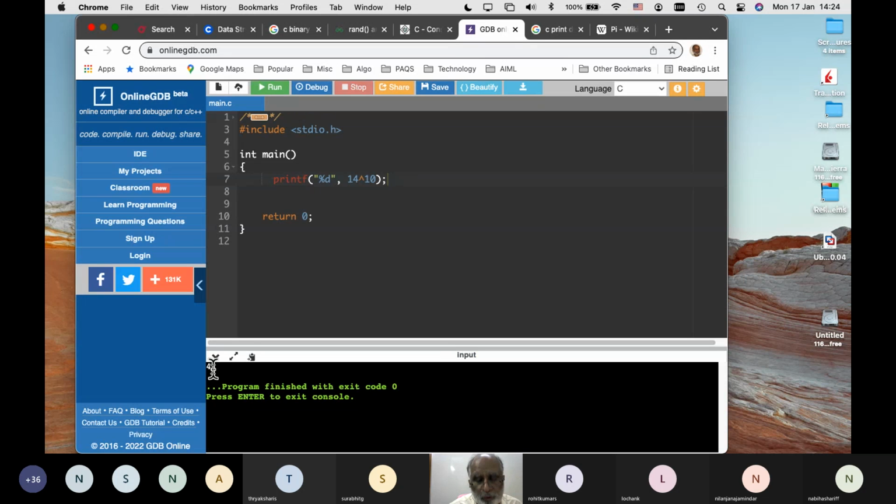If I were to do, let's say, XOR of 12 XOR 12, what is the answer I would get? Any thoughts?